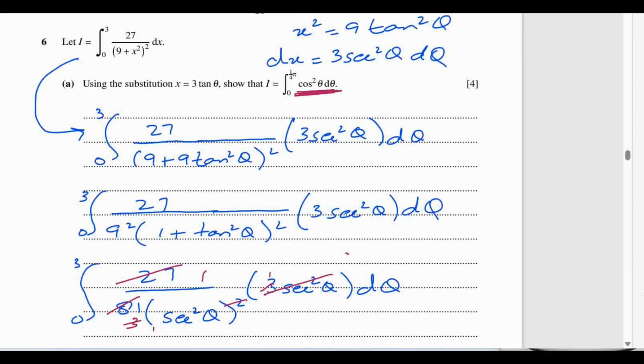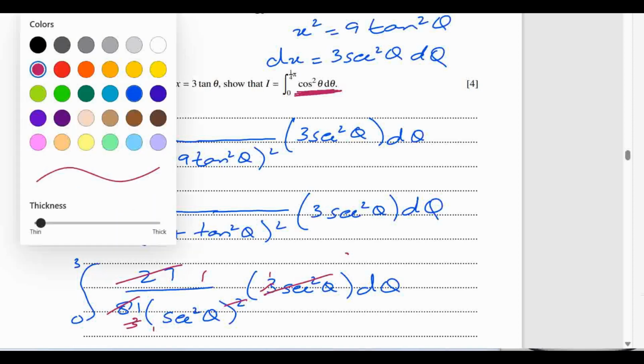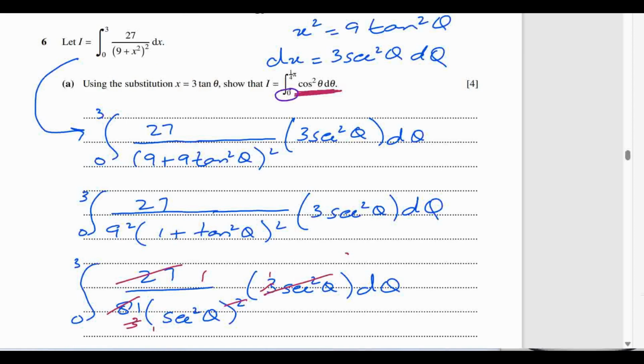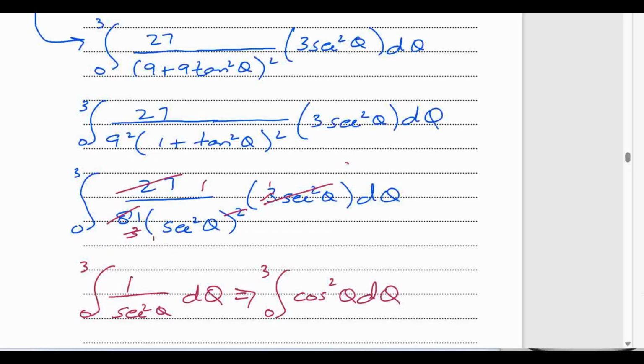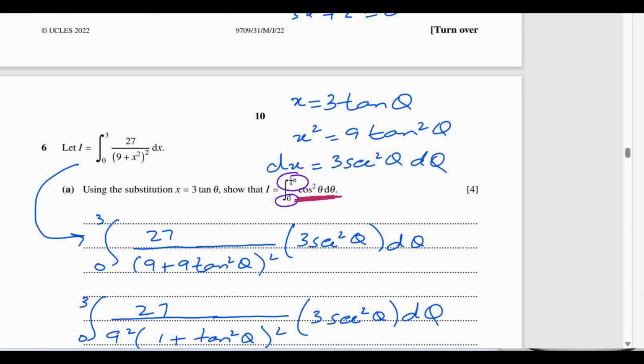Okay, now one thing more: here we can see the limits over here, and we cannot ignore this portion. So here we can see the limits 0 and pi by 4, so we have to convert it. As we can see, x is equal to 3 tan of theta.